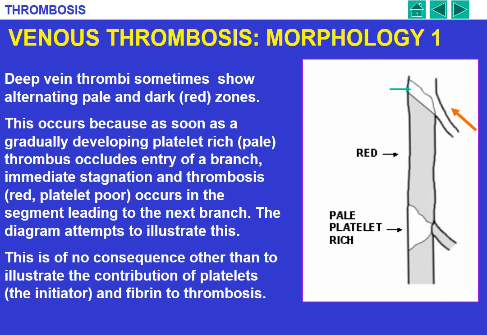Thus we have a pale area created, and once the flow from the branch is plugged, then very rapidly the stagnant blood leading up to the next branch undergoes thrombosis, and that happens instantly, and so is platelet poor. The reason that platelets build up in the plug indicated by the green arrow is that blood is flowing by and platelets are gradually building up.